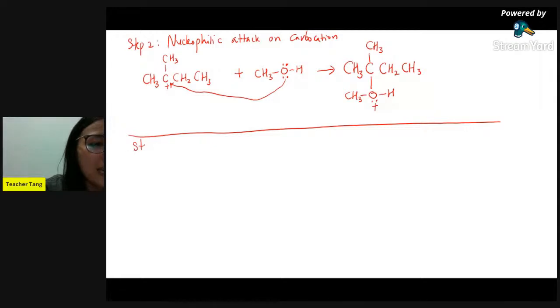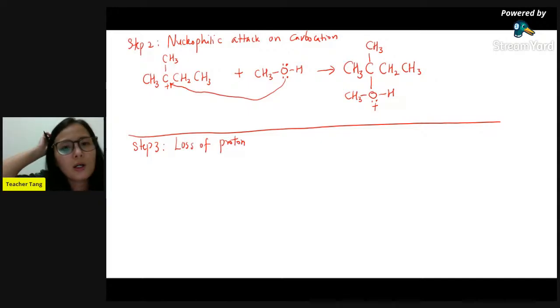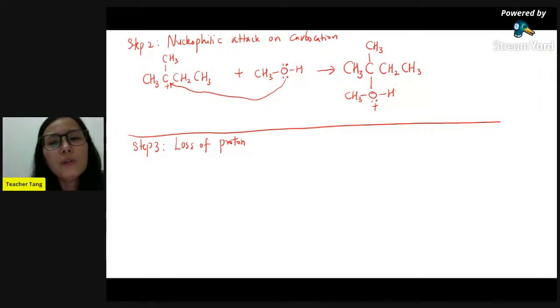So step number 3, loss of proton. You want to remove the hydrogen. Basically here, you can either remove hydrogen or methyl. Remember, which one is easier to remove? Hydrogen, because it is smaller. Therefore, hydrogen will be removed.